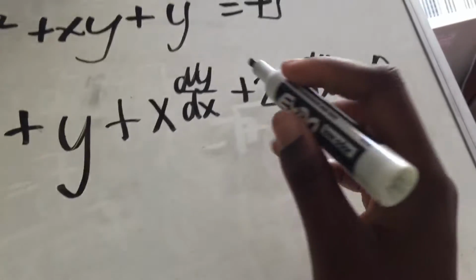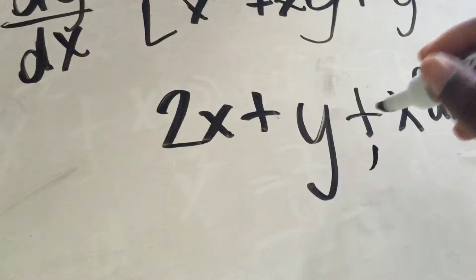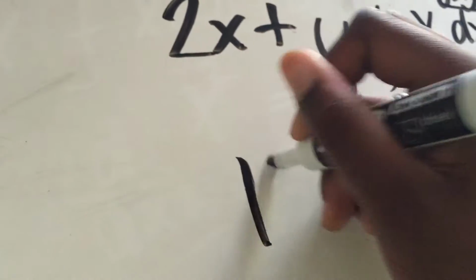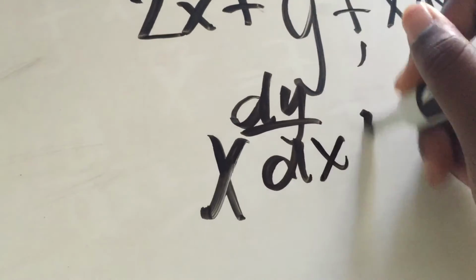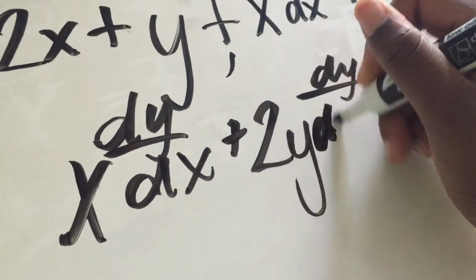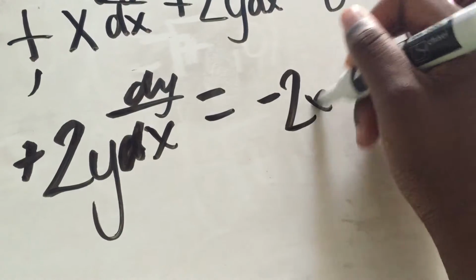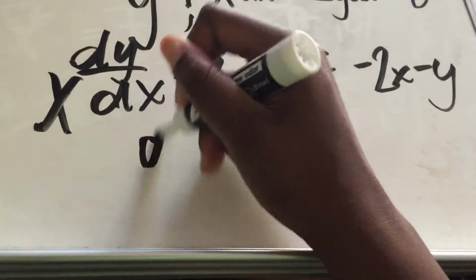Now we're going to try to get all the dy/dx's on one side by themselves. So we're going to move this term to the side with the 0. So we're going to have x dy/dx plus 2y dy/dx is equal to negative 2x minus y. Now I'm going to factor out the dy/dx.